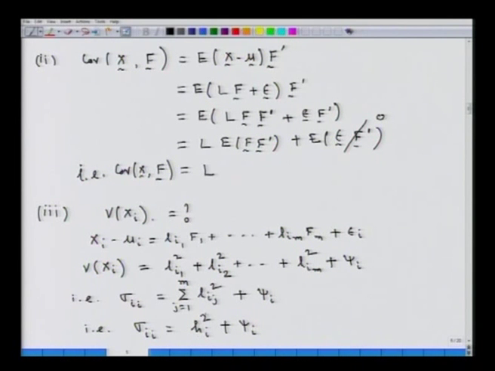It is customary to call this Hi square the ith communality. So Hi square is the summation of Lij square, j from 1 to m. This is termed the ith communality.